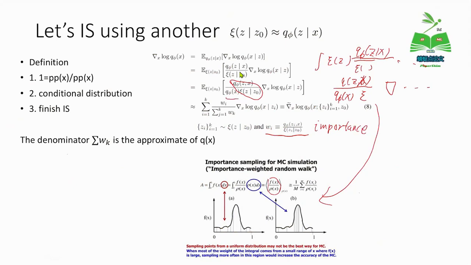And the q phi x is a summation, the approximation of q(x) with k samples. So this is the importance sampling to approximate the previous one.